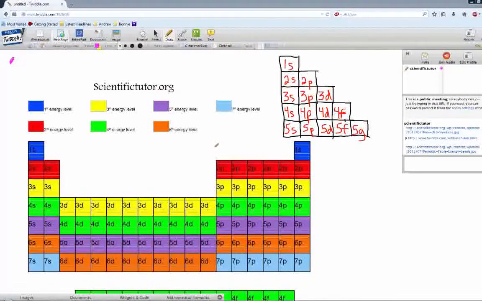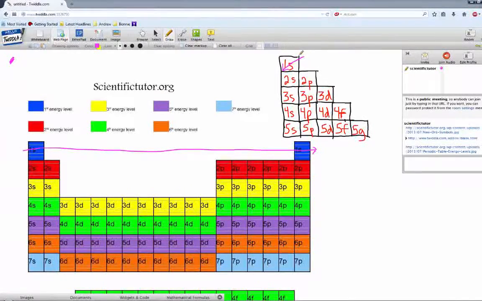So if we were to relate this periodic table with this energy level diagram up here, then as we pass through the 1s orbital, we also pass through the 1s orbital up here.